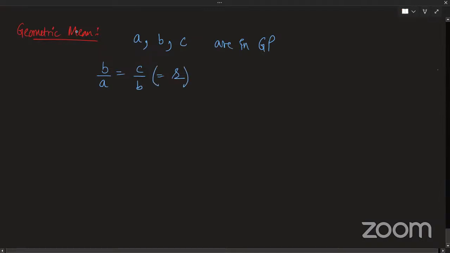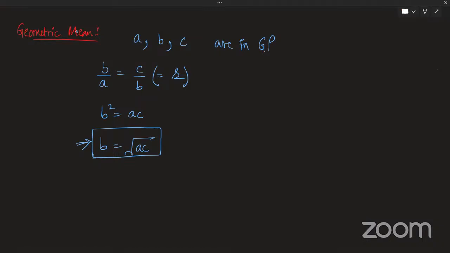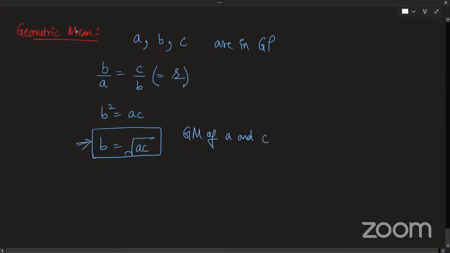Yes. So basically your B square is equal to AC, so B is equal to under root of AC. This is called the geometric mean of A and C. Geometric mean means under root.